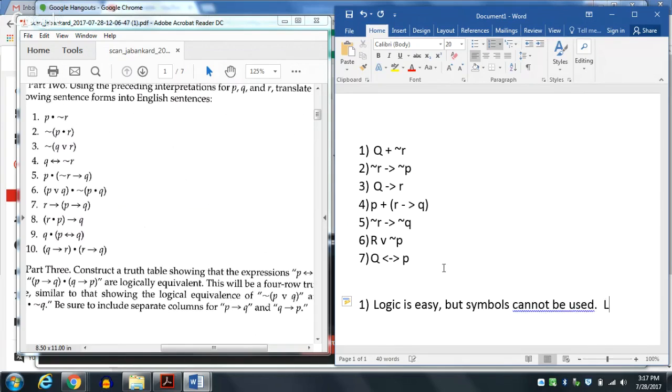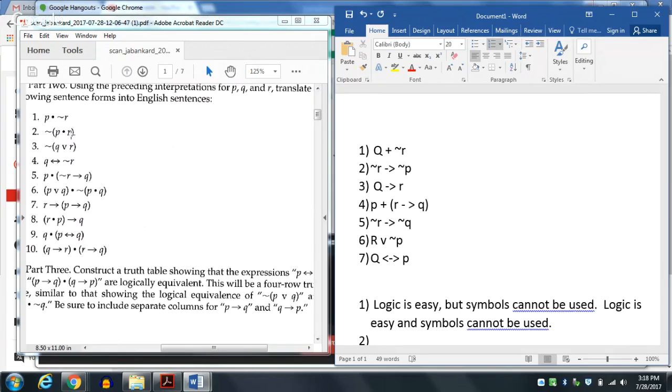Or: logic is easy and symbols cannot be used. The conjunction there works pretty easily.